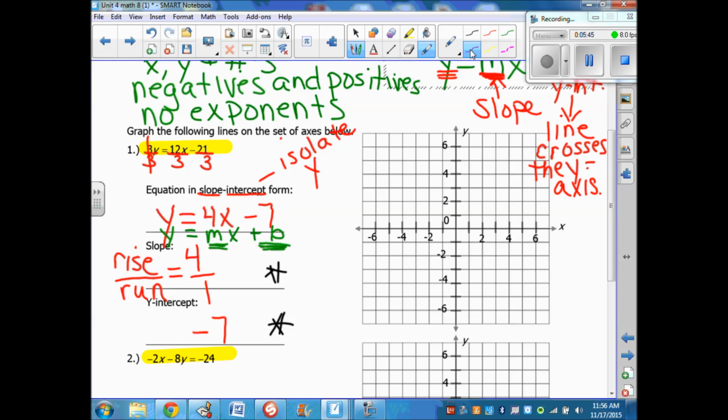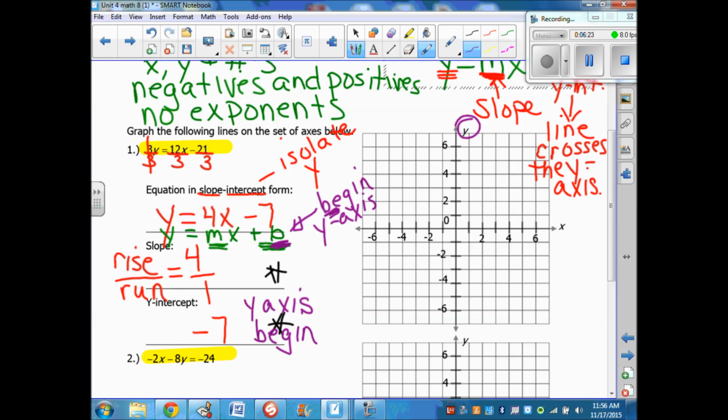Hopefully that will help you remember: the b is where we begin, b for begin, on the y-axis, because it's the y-intercept. So I'm going to put another note here: this is where we begin on the y-axis. So where is -7 on the y-axis?